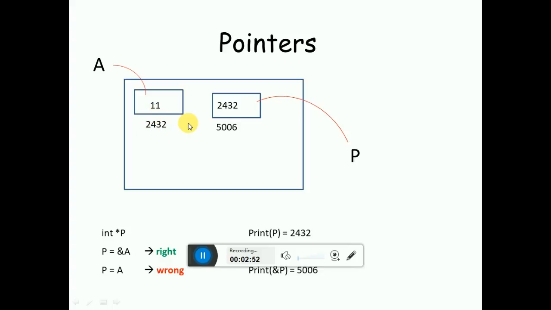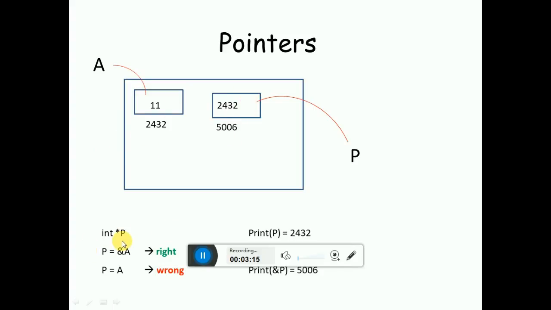And the pointer contains the address of another variable, as I said. So 2432 is inside p, and the address of the pointer is 5006. Actually, the address of a variable is in hexadecimal form, but to show you in integer form, I have written it like that.